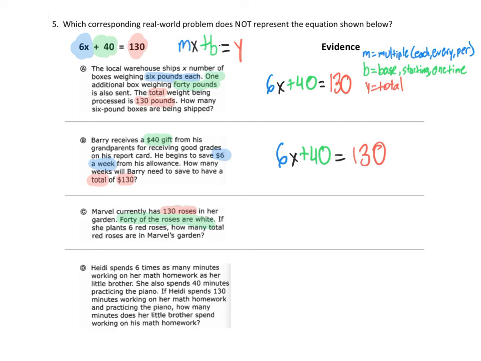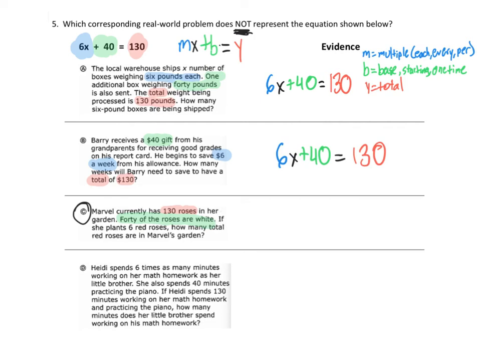It says 40 roses are white, and if she plants 6 red roses, that doesn't equal 130. So right there, we can't even make our equation. So we know this is the incorrect answer. So this should be the answer we choose, because remember, it says does not represent. But we're going to go ahead and do the last one just to make sure.